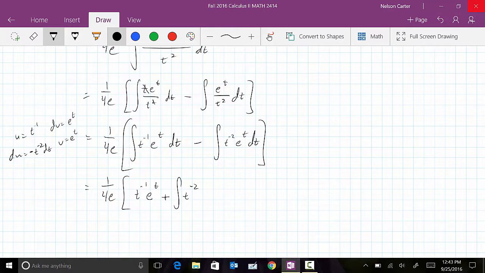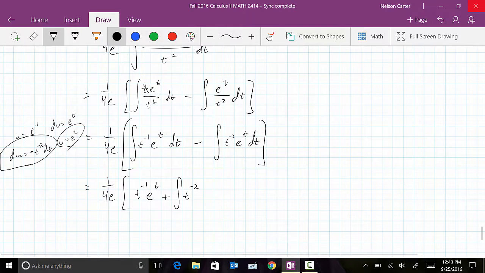So u times v minus the integral of v du, and the minus from this came out and made this a positive, and then it's t to the power negative 2 e to the power t dt.